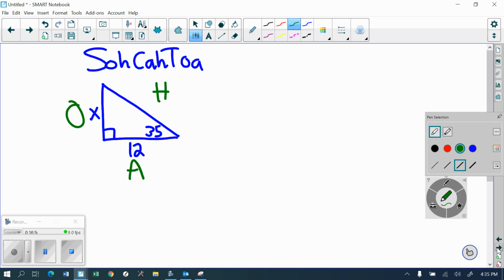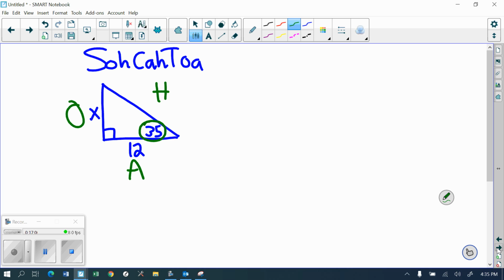And I'm using this angle right here. That's why it's adjacent for A for the 12 and O. Okay. So which of the two pieces I'm going to use? I'm using the X and the 12. That's the O and the A. Well, O and A is tangent. So I have tangent of 35 equals O over A, X over 12.